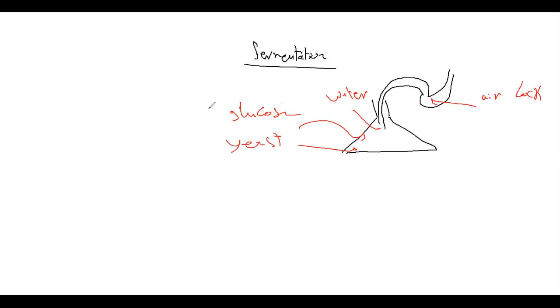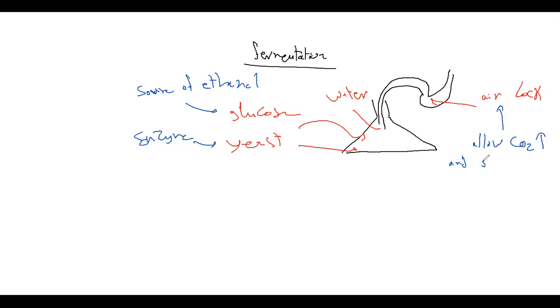Glucose is a source of ethanol. Yeast is an enzyme, or biological catalyst. And then water. The airlock is for anaerobic respiration: it allows carbon dioxide to get out and prevents oxygen from getting in.